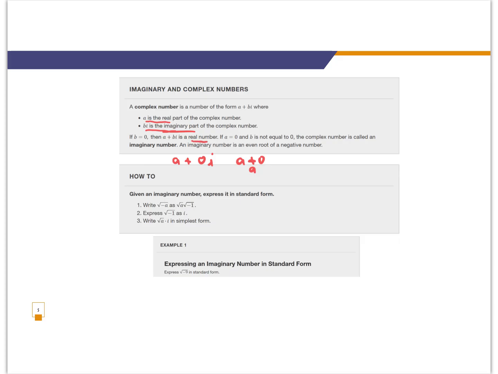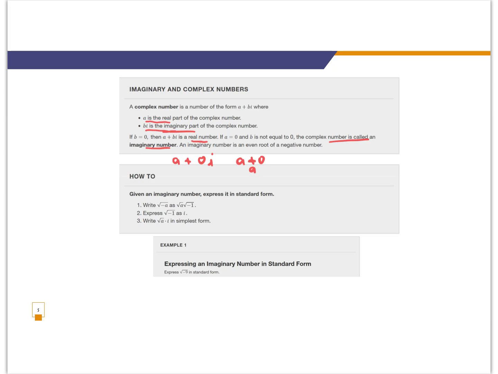If a is 0, as we were talking about, and b is not equal to 0, the complex number is called an imaginary number. Well, because if the 0 goes away, it is an imaginary number. Notice what they said? The complex number is called an imaginary number.